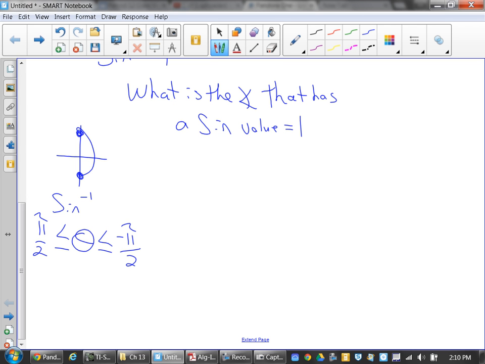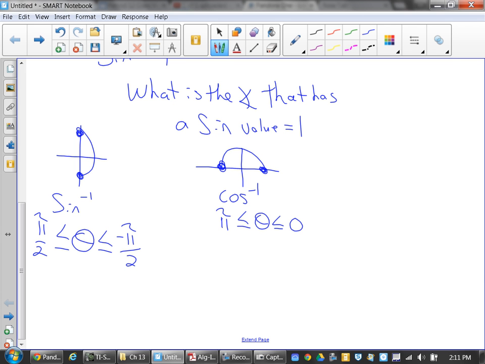When you work on cosine, your cosine values go from 0 to pi. Excuse me, theta can be between 0 and pi, including 0 and pi.